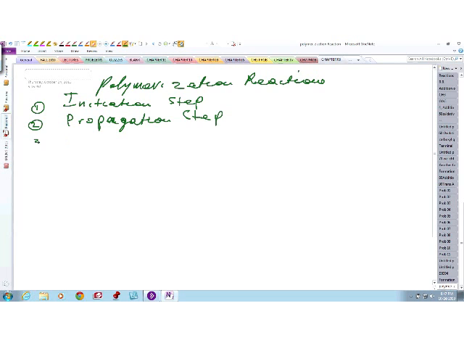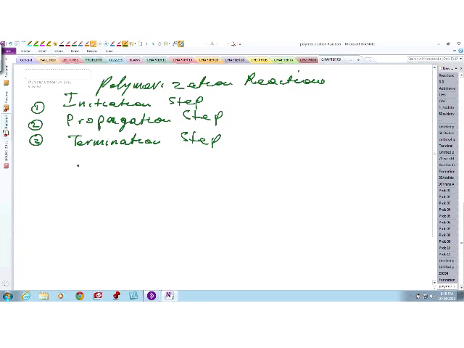And finally, we have what we call the termination step. And this is common to all free radical type reactions, reactions that involve formation of free radicals.